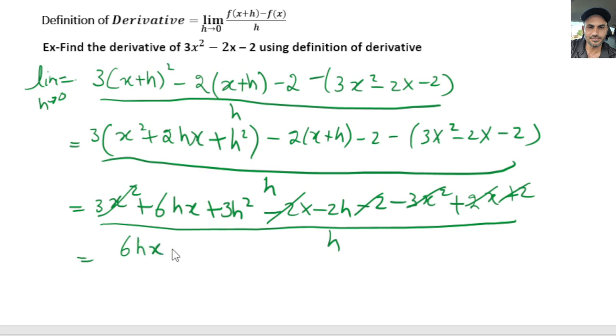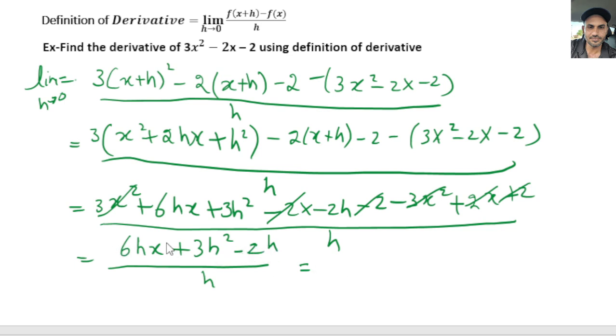6hx plus 3h squared minus, what else is left? That's it, minus 2h divided by h. Now I'm going to factor out h from here.